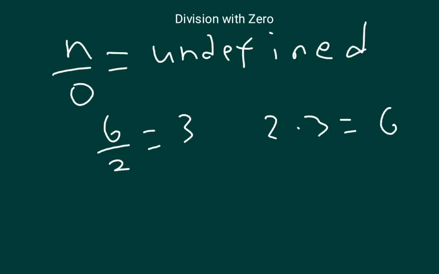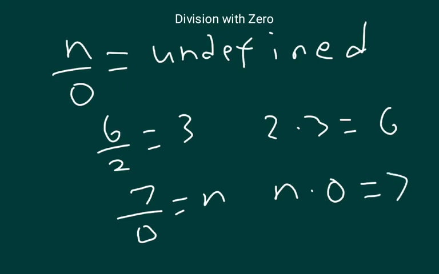So let's suppose there is an answer to 7 divided by 0. We'll call it n. That tells us that n times 0 equals 7. And there's a contradiction there because you know that n times 0 is 0, not 7.